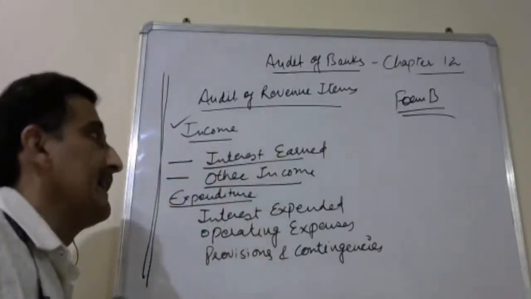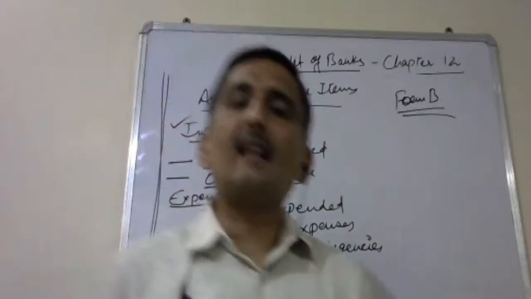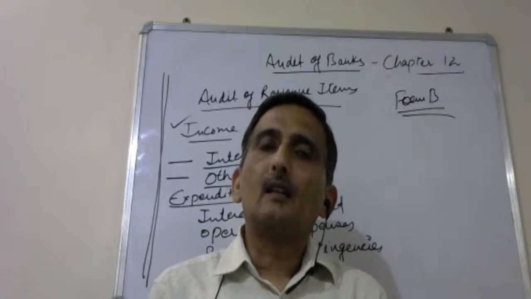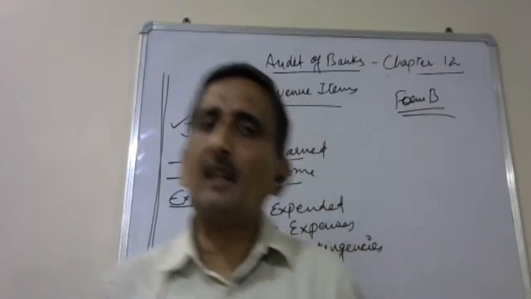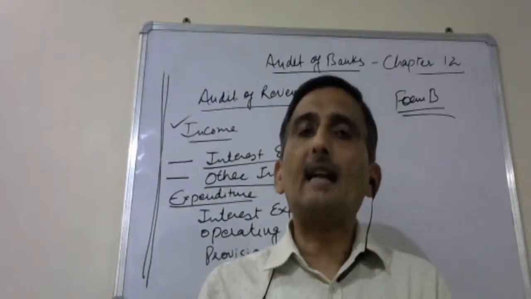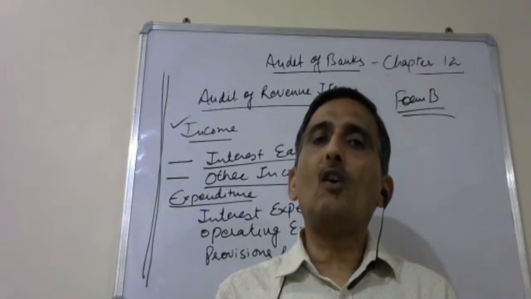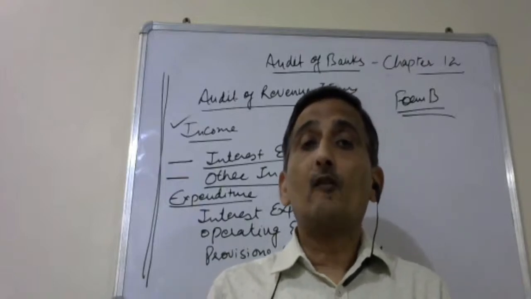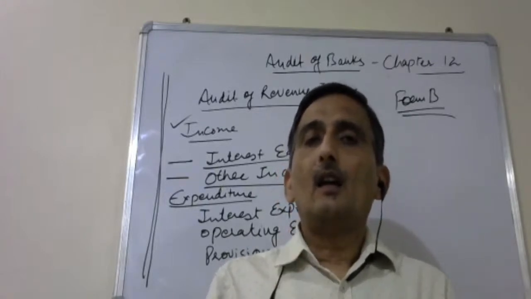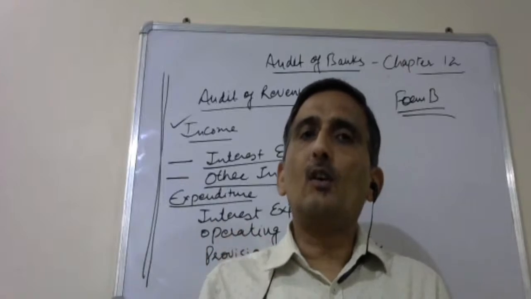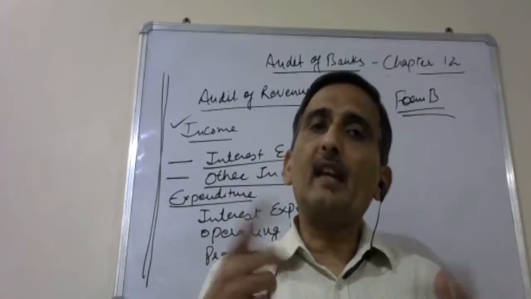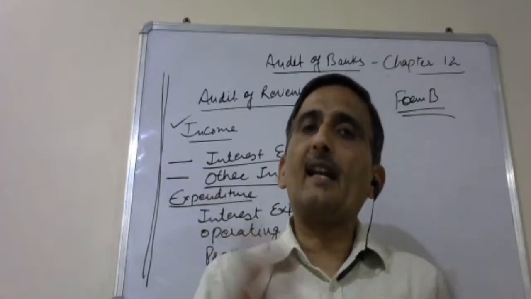The second point is other income. Now, what is other income in case of a bank? Can you think of some example, guys? We had discussed in our previous class that a bank is also granting non-funded credit facilities.